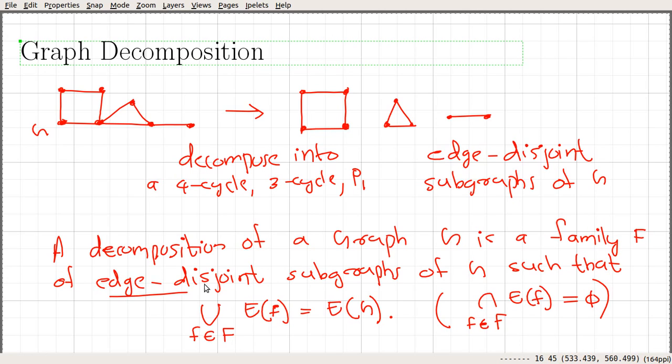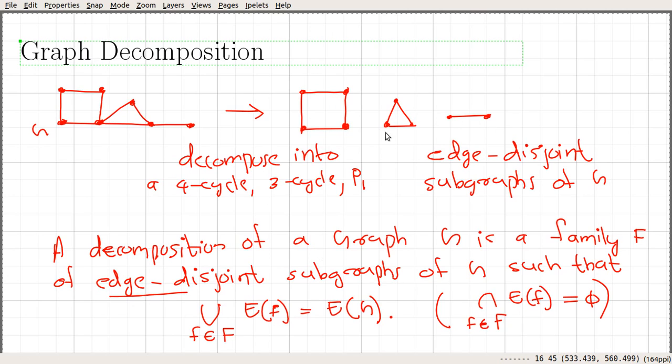That's what edge disjoint means. So this is how we formally define a graph decomposition: a decomposition of a graph G is a family F of edge disjoint subgraphs such that the union of the edge sets of each member of that family gives the edge set of the original graph.